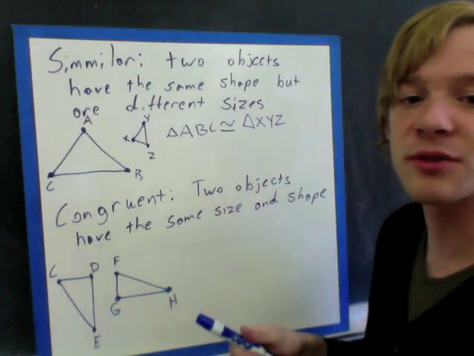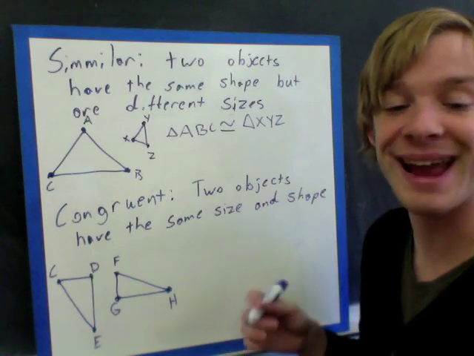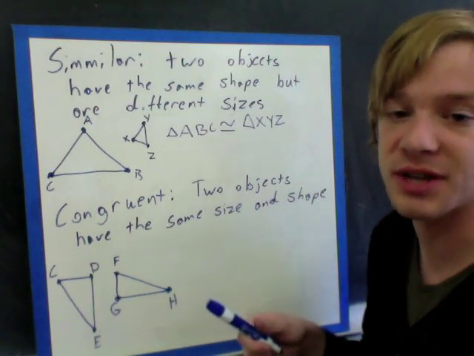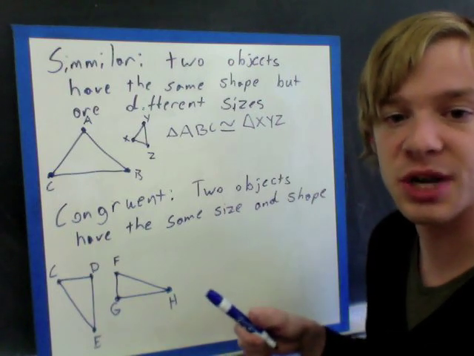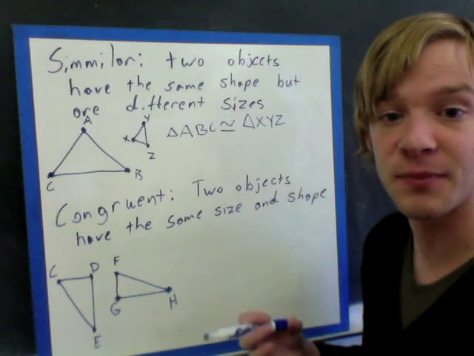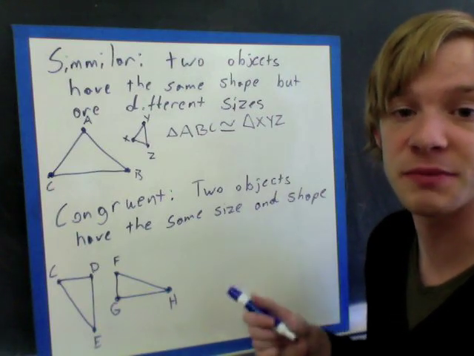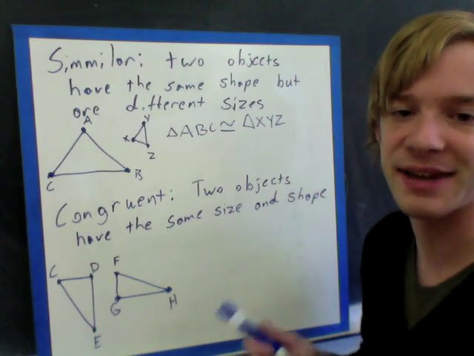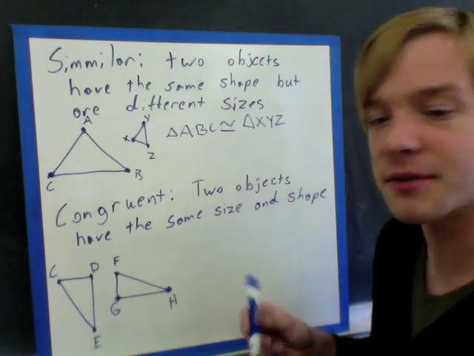Now, if two triangles are the same shape and they're the same size, so in this case we've got two triangles down here that are the same shape, and if I drew them correctly, they're the same size, then we can say that they're congruent, because congruent objects have the same size and shape. And we can write this out.